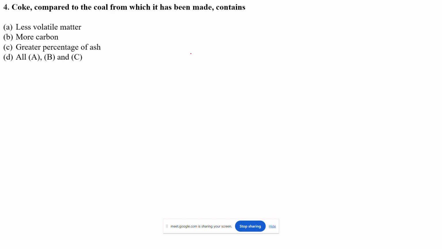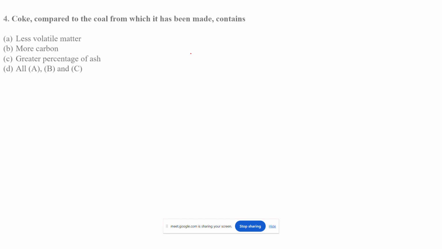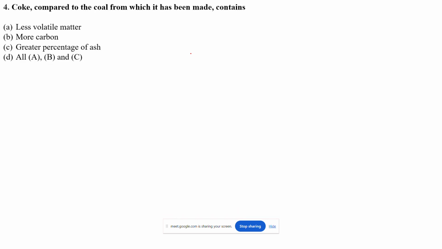Then coming to the next question, coke compared to coal from which it has been made: it contains less volatile matter, it contains more carbon, greater percentage of ash. So, for example, we are talking about a coking coal which is having 45% carbon, some 10% VM volatile matter, and then 10% ash content, and some amount of moisture.